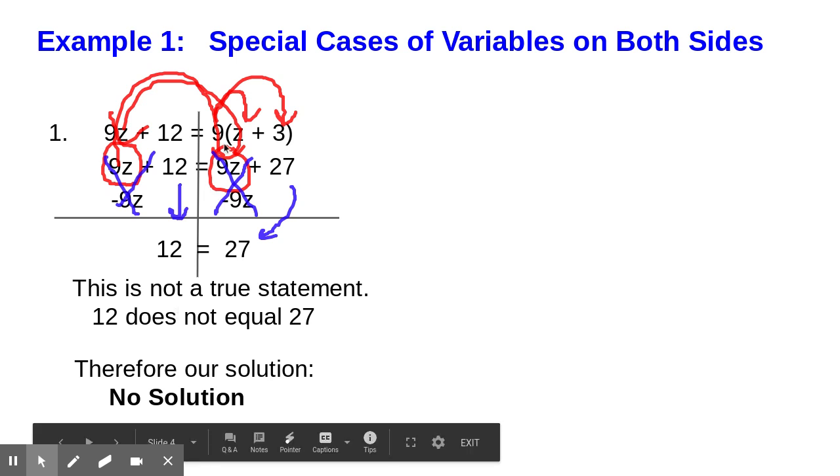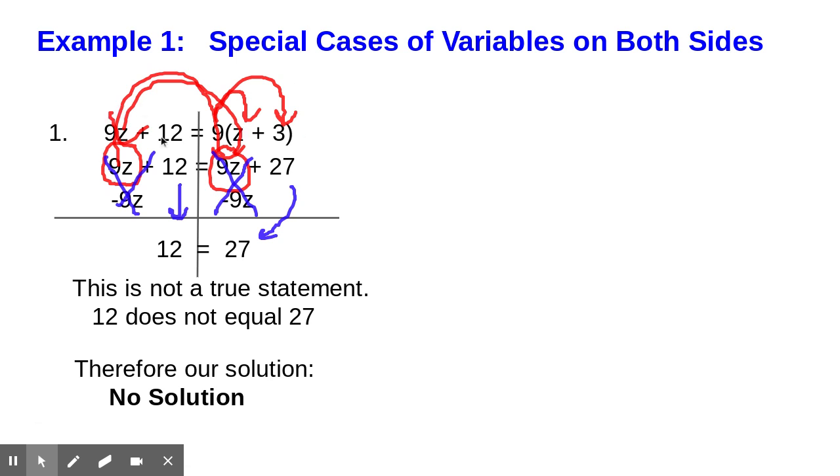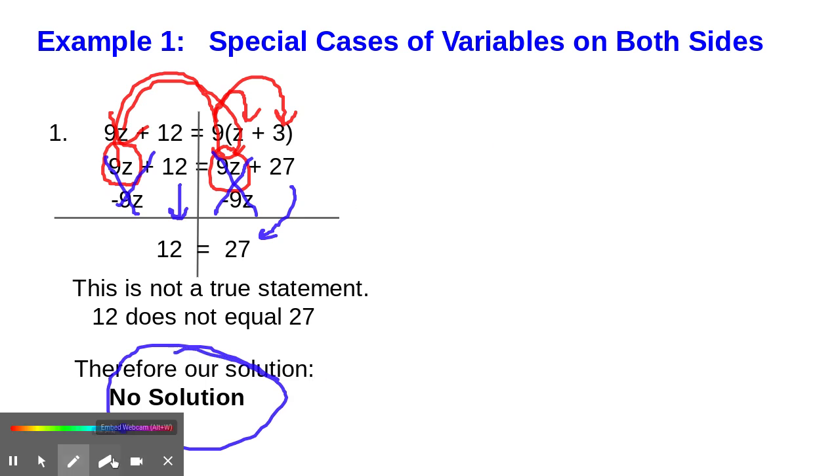No number that I can put in will make the left side and the right side equal. 12 is not a solution. 27 is not a solution. What you're going to select if you have this as a problem is no solution. Okay, let's take a look at another example.